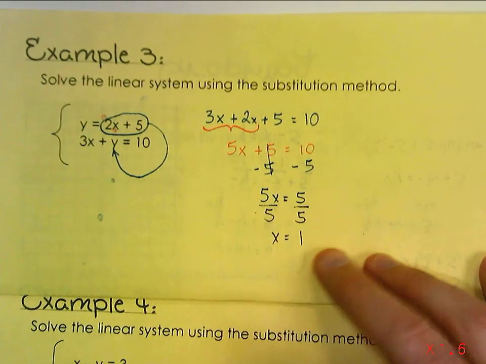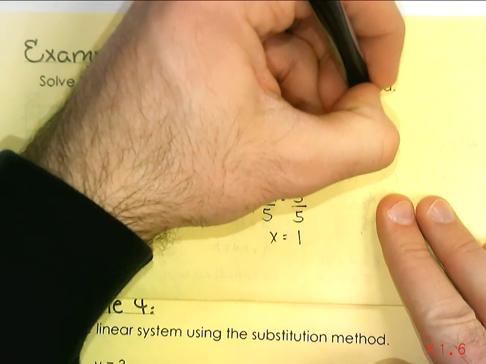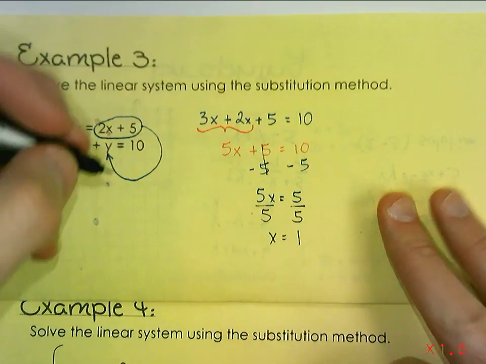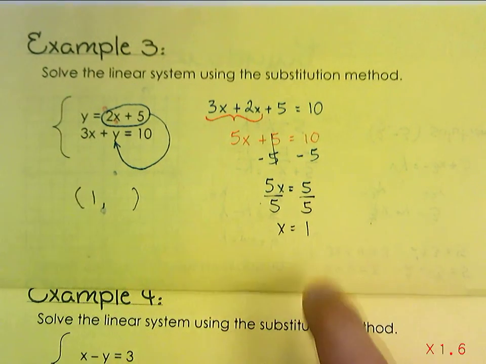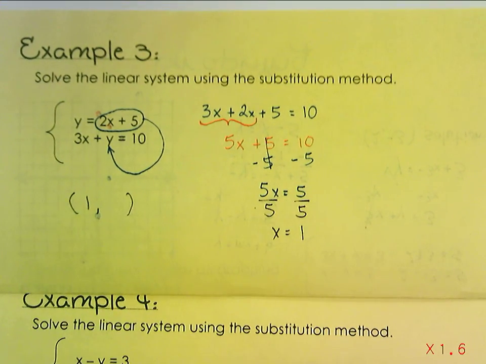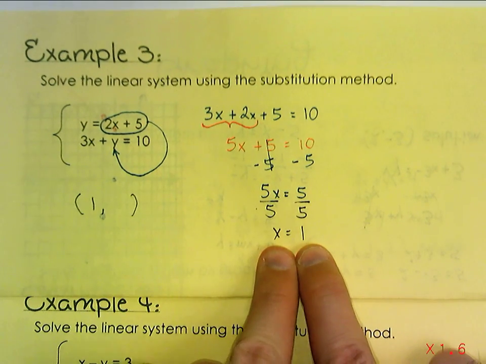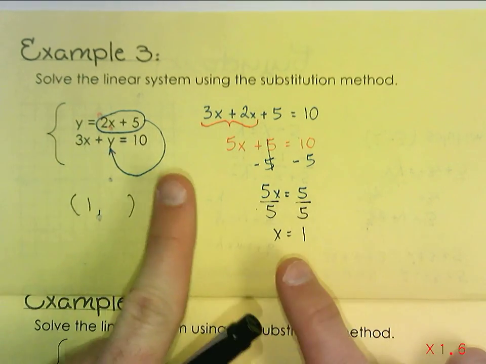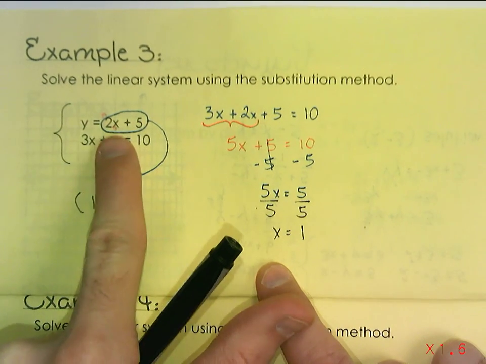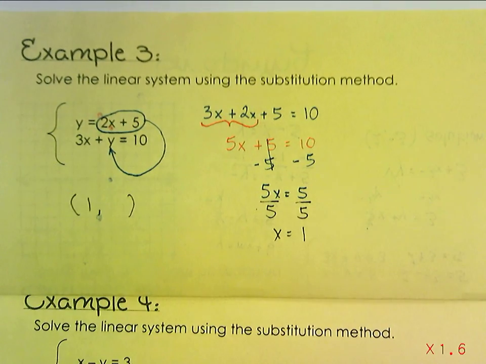I have half of my solution figured out already. So if I go up here, I'll put it over here, my solution, I know that x is 1. I solved for that. So now I need to find y. So I can use substitution again and put this value of 1 in for x in either one of these equations. Typically I look for the easier one to work with, and I think I'd rather work with this one that's in slope-intercept form.